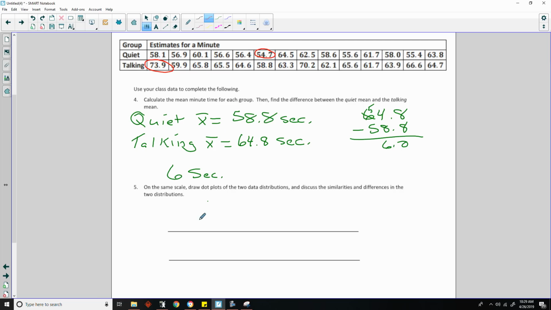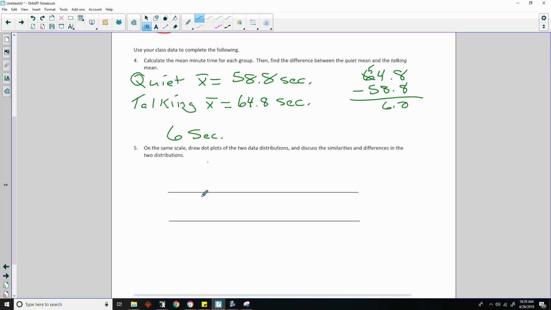Okay, so we want to now tell the reader what these lines mean. This will be quiet, and this will be talking distraction.